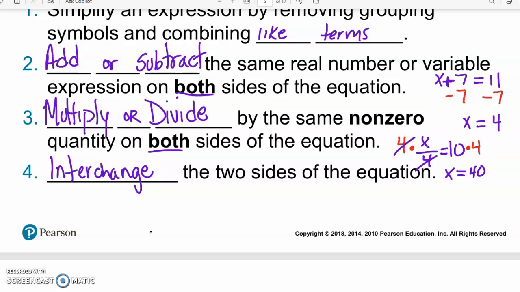So for example, let's say that you had this. You can write this like this, swapping or interchanging the two sides. And it's still the same equation. So I didn't change anything. All the signs are the same on both of them. I just interchanged the two sides of the equation.